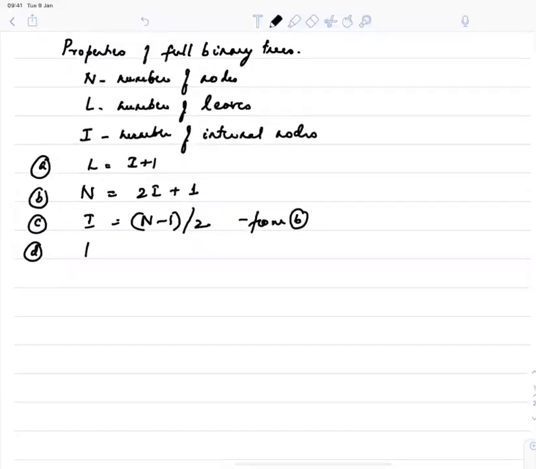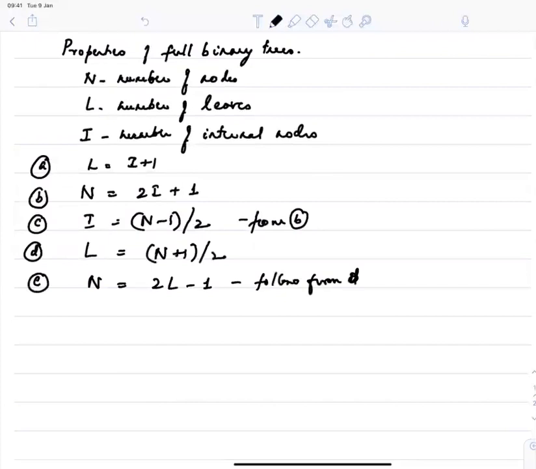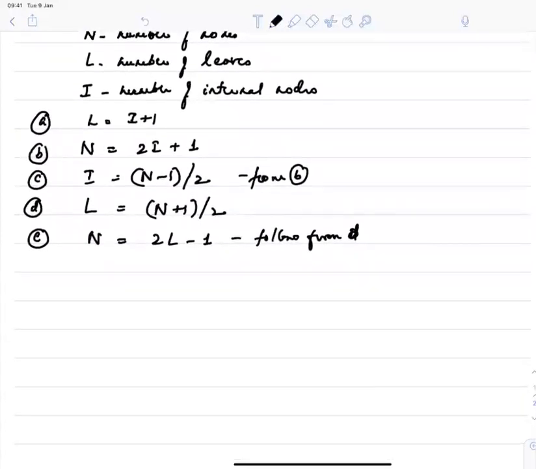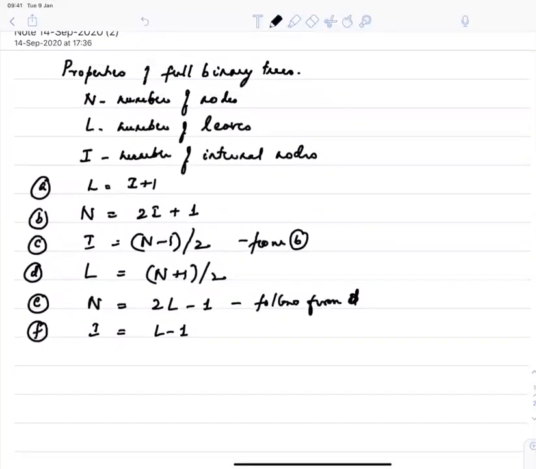L is equal to N plus 1 over 2. N is also equal to 2L minus 1, follows from B. And I equal to L minus 1, which is obvious from A, and so on.